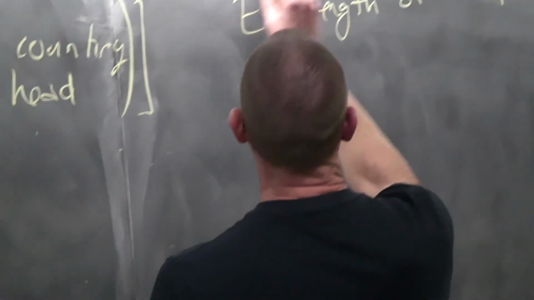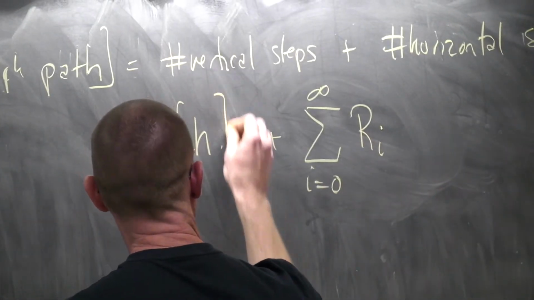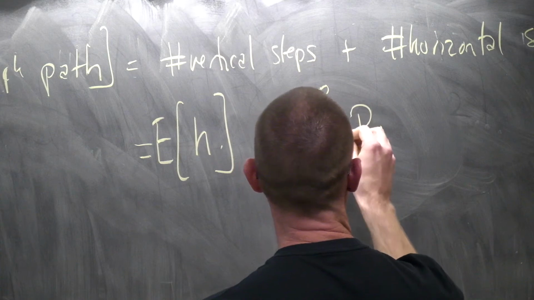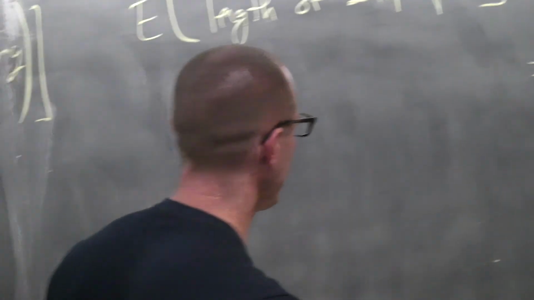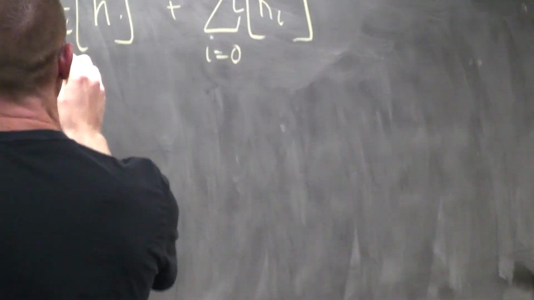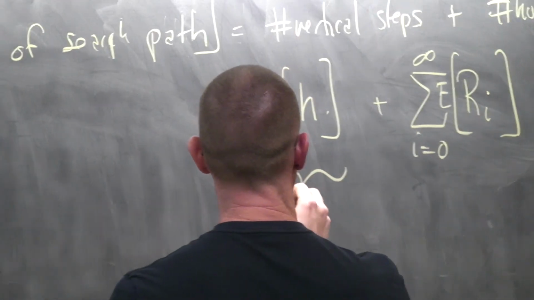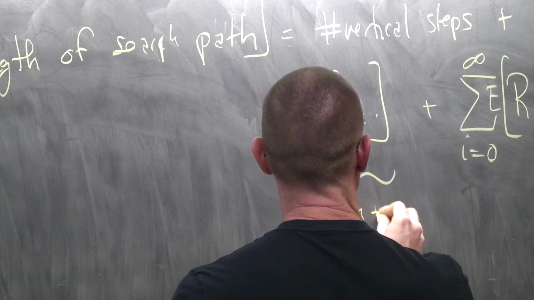And if we take expectations and we use linearity of expectation right away now, this is what we get. This quantity we know is less than or equal to log n plus 3.